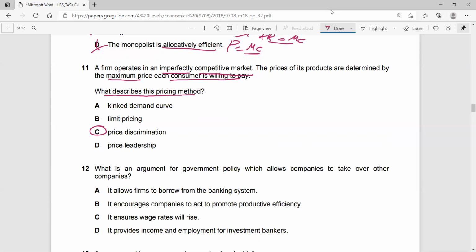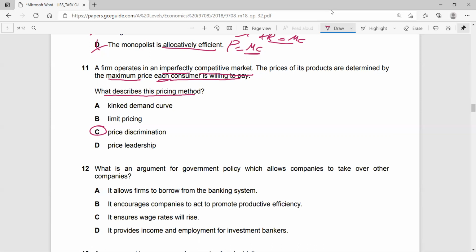So the price of the product is not a fixed amount. It's determined by the maximum price each consumer is willing to pay. The maximum price is literally what it seems like: the highest price a consumer is willing to pay. If you go higher than that, they'll just say, I don't want the product anymore. Every consumer's maximum price is different.